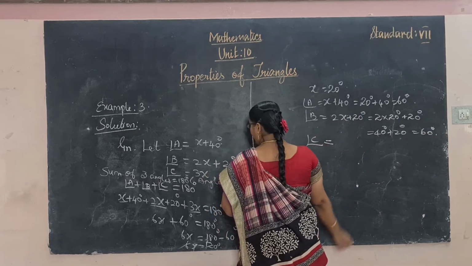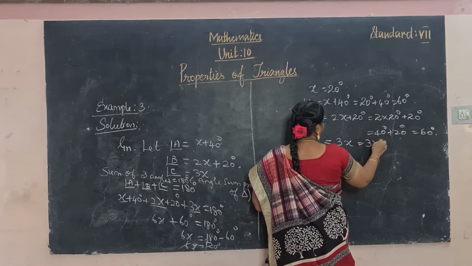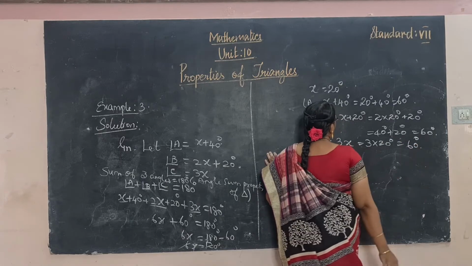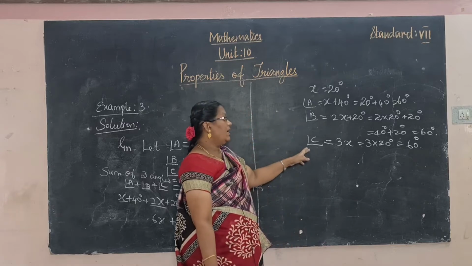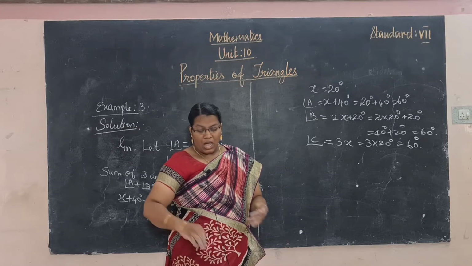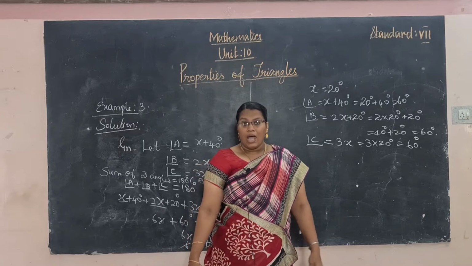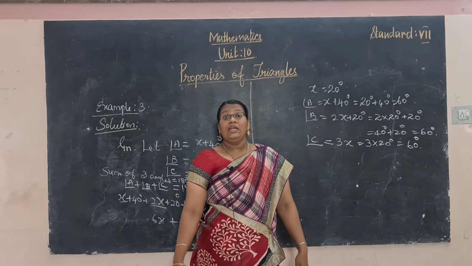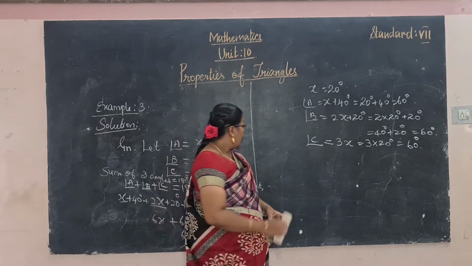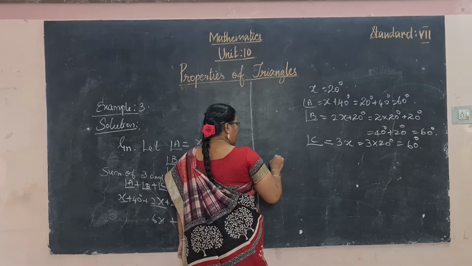Angle C is 3x, so 3 multiplied by 20 degrees is equal to 60 degrees. See, angle A, angle B, angle C all have 60 degrees. So it is an acute-angled triangle and also all the angles are equal. So it is an equilateral triangle.